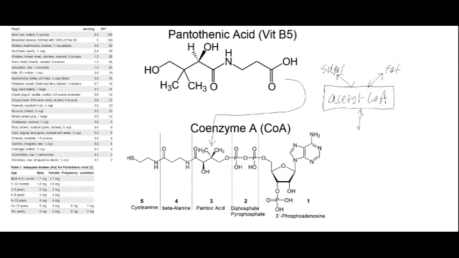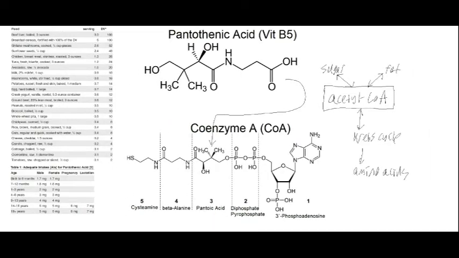But this also goes into things like the Krebs cycle, and from that there are different amino acids that can be made from it. So this is a central molecule in a lot of these different metabolic pathways, and coenzyme A, which we need pantothenic acid or vitamin B5 for, is important in that.